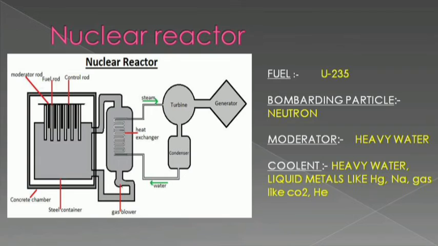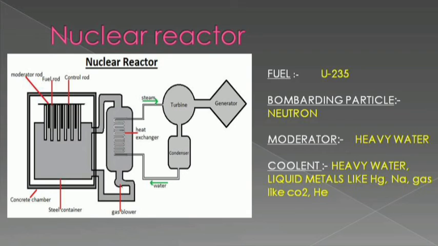The bombarding particles are neutrons. The moderator that reduces the velocity of the bombarding particles is heavy water, and as an excessive amount of energy is released in the form of heat, coolants are needed, like heavy water, liquid metals like mercury and sodium, and some gases like CO2 or helium.